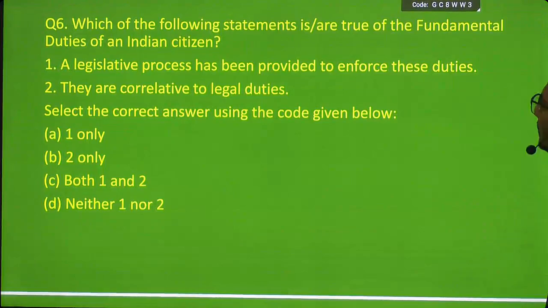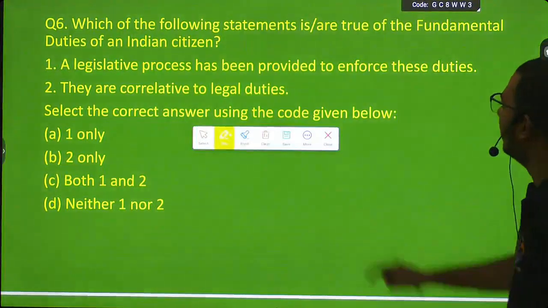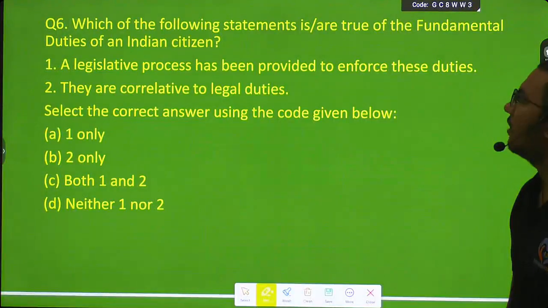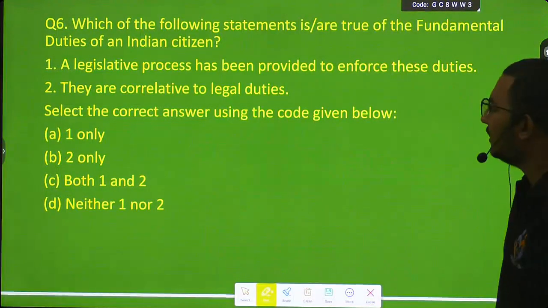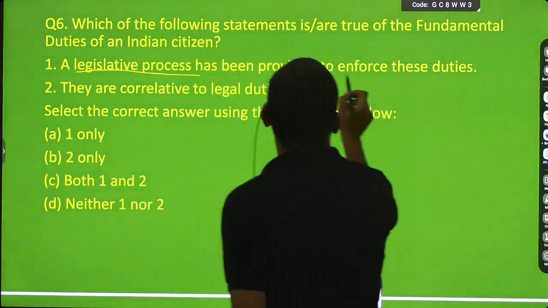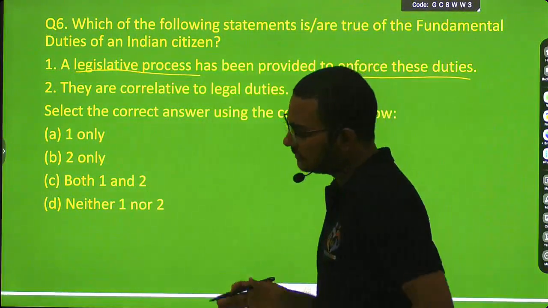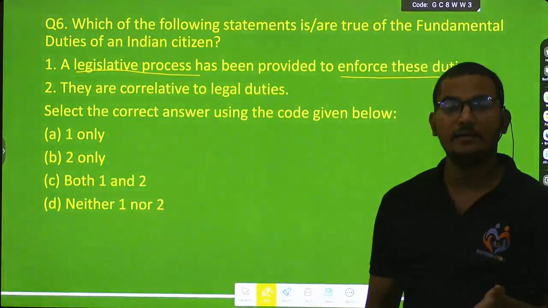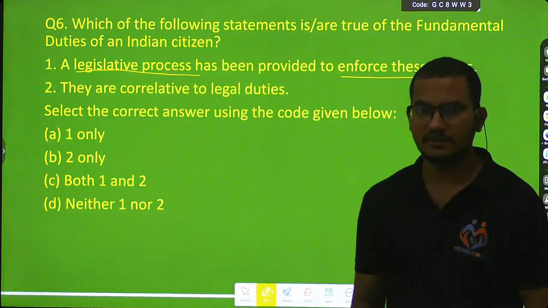Okay. So which of the following statements is or are true of the fundamental duties of an Indian citizen? So first one is legislative process has been provided to enforce these duties. First thing is these duties are not enforceable. And there is no process which is given in the constitution.